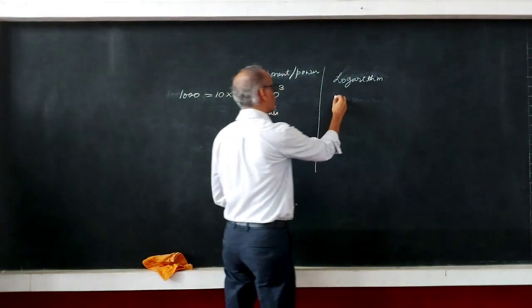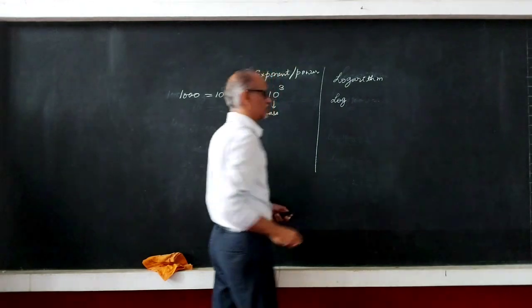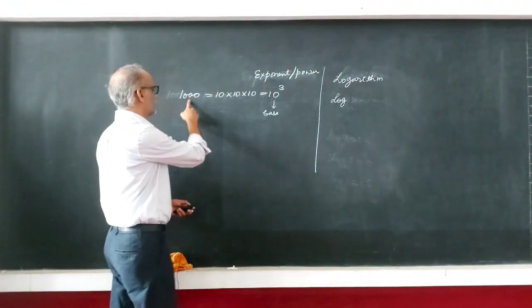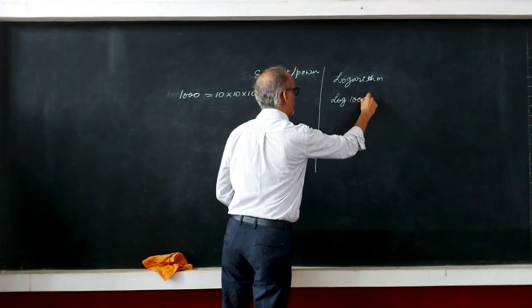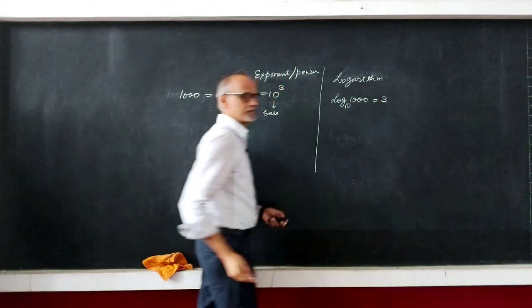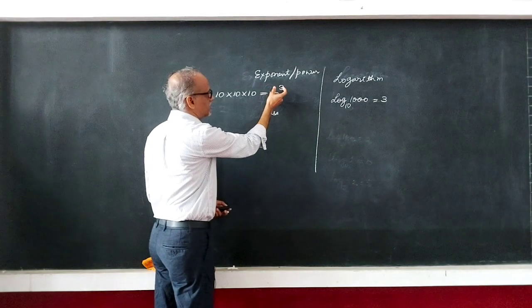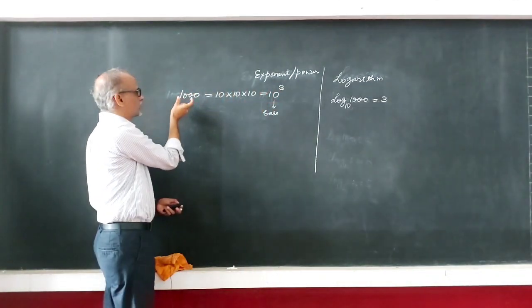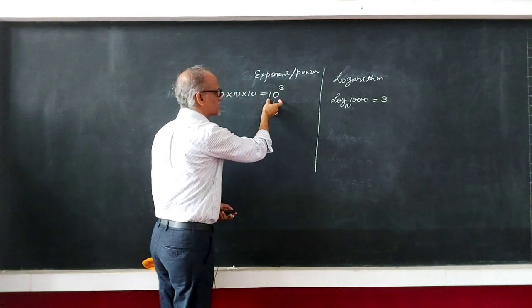And this logarithm, in short, we write as log, L-O-G. Logarithm of 1000 to the base 10 is equal to 3. Therefore, that power is called the logarithm of this number to the base 10.